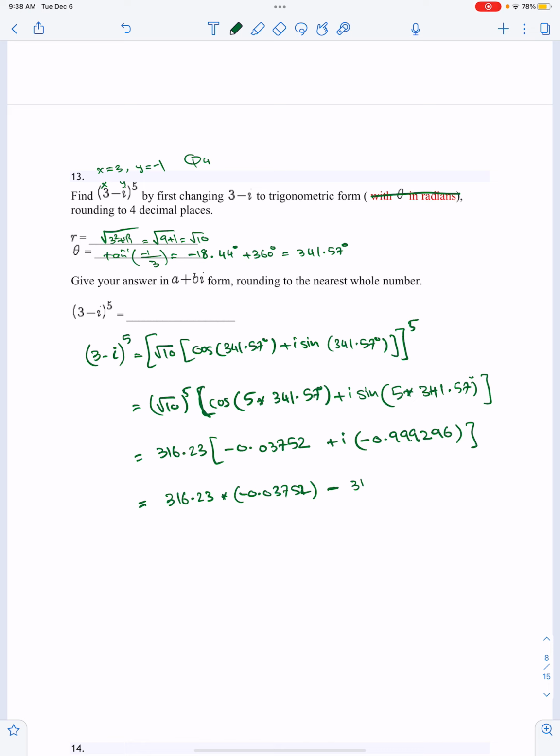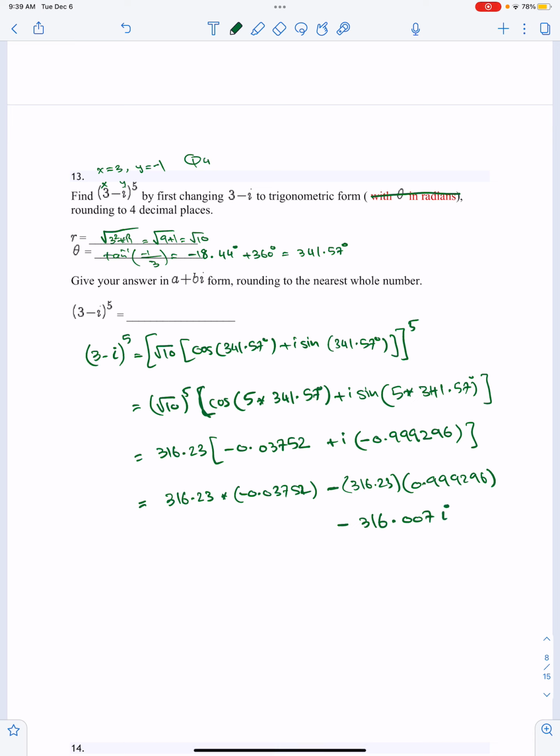The negative, I multiplied the negative already. So 0.999296 times 316.23. The imaginary part, I got negative 316.007. That is the imaginary part.